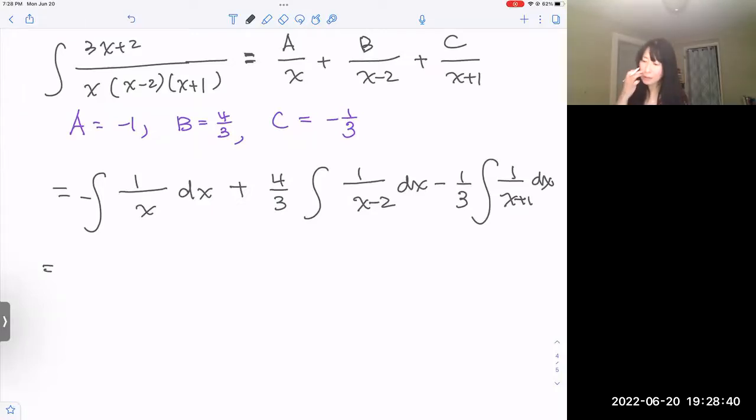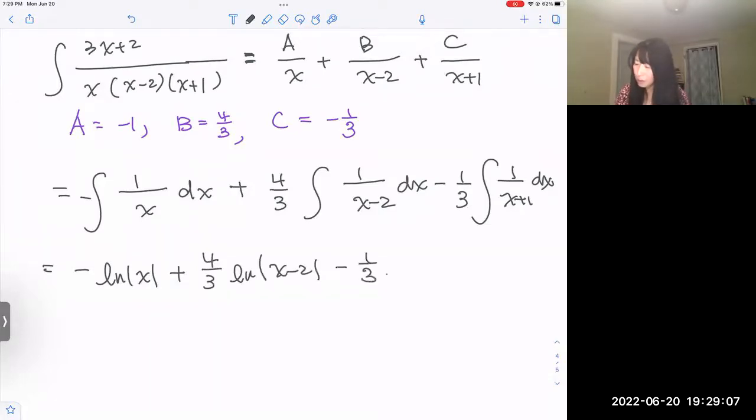What do you have for the first term? -ln|x|, good, logarithm. Second term, 4/3 ln|x - 2|. Everything is ln. There is no special minus. Then -1/3 ln|x + 1|, plus C. This is how we do it in this section.